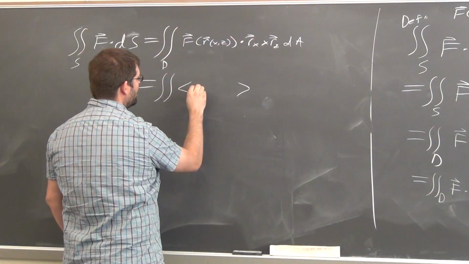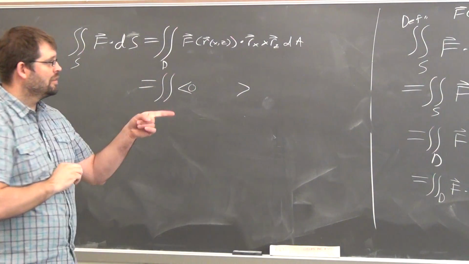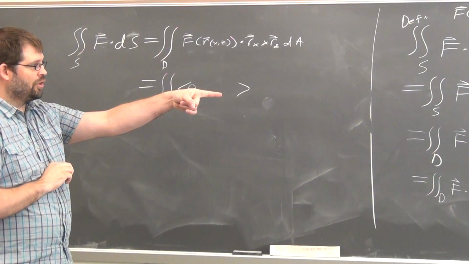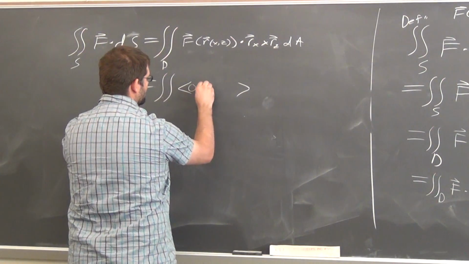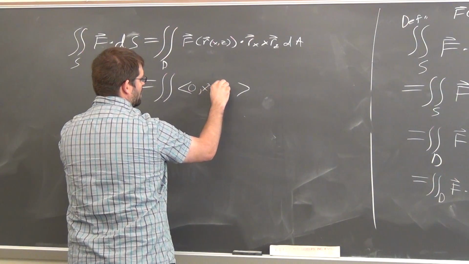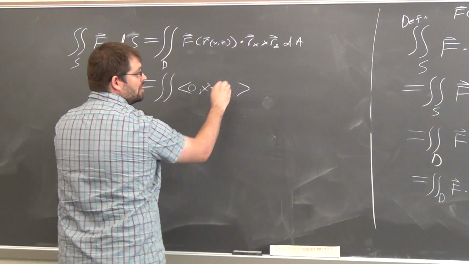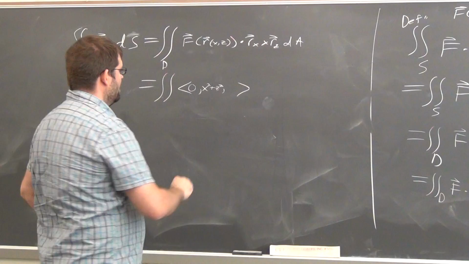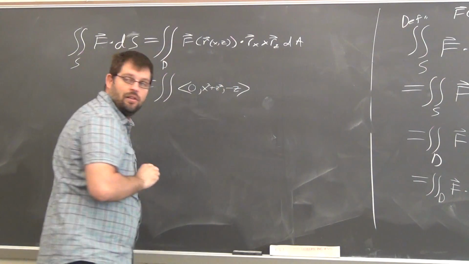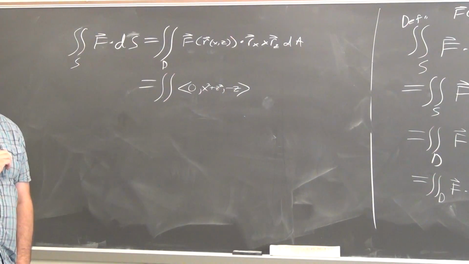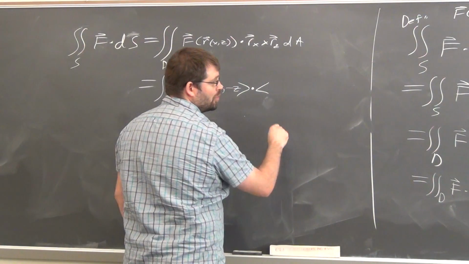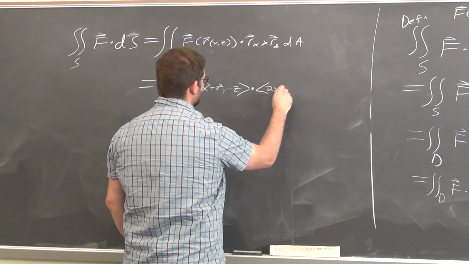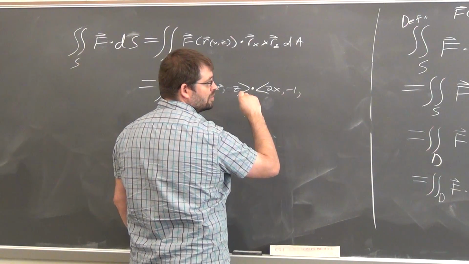It's, again, 0 still, and y gets replaced with your parameterization, so x squared plus z squared, and then negative z is just negative z still, right? And then dotted with that cross product that we just computed, so 2x, negative 1, 2z.